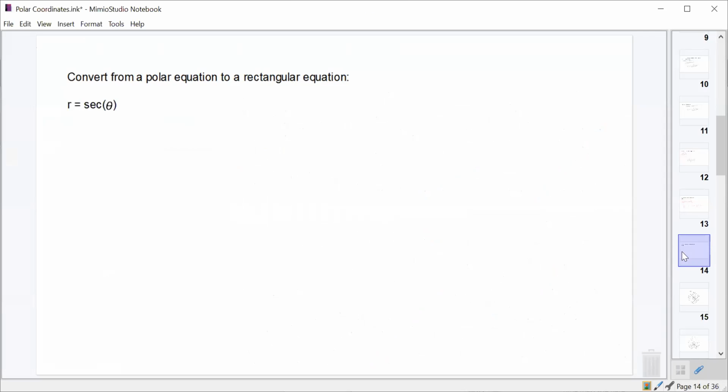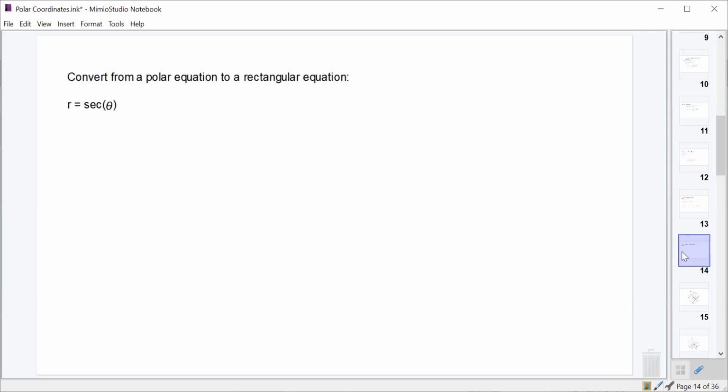What do you want to do with that one? r equals root x squared plus y squared. Right, and then that sounds complicated. Yeah, that sounds worse than I want it to be. Do we have anything with a secant in it in any of those equations?